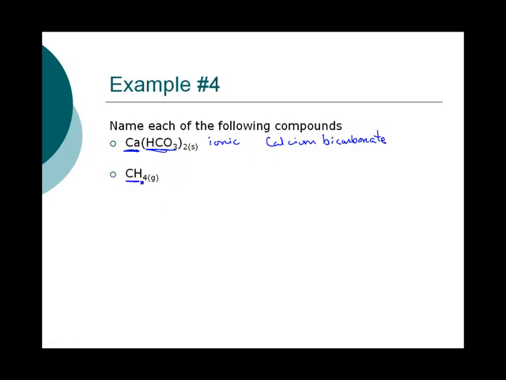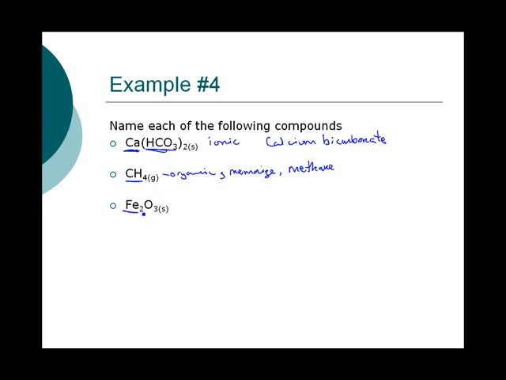Here, when we see carbon and hydrogen together, we know that this is going to be organic. And if you check the data, so it's going to be memorize, and this is methane.